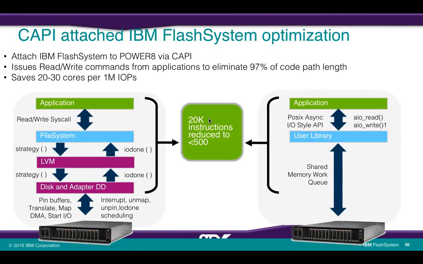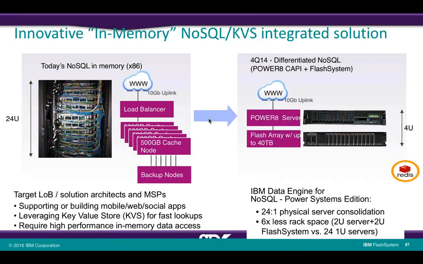We have CAPI running, and there are three different things that have written to it: the Redis database, a couple of other databases, and gzip. There's a handful of things that have used the CAPI interface. As we move forward, this is based on the NVMe standard, so we will be looking at standard NVMe support as well.